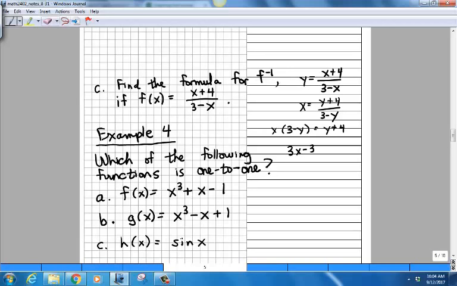Oh, all right. Oh, slow down. I did it wrong. 3x minus xy is equal to y plus 4, right? Mm-hmm.